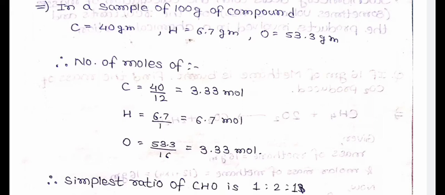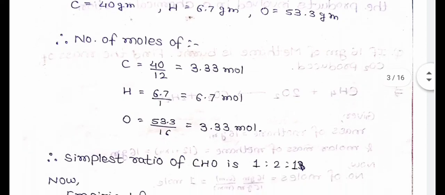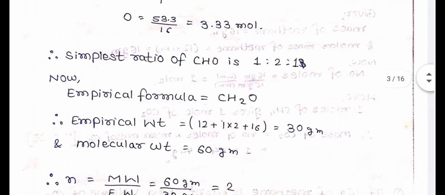Therefore the number of moles of carbon is 40 by 12, which is 3.33 mole, the number of moles of hydrogen is 6.7 divided by 1, which is 6.7 mole, and the number of moles of oxygen is 53.3 divided by 16, which is 3.33 mole, and the simplest ratio of C, H and O is 1:2:1.